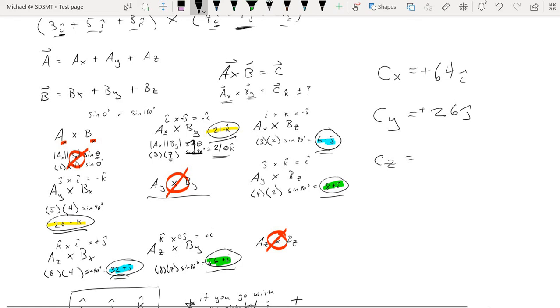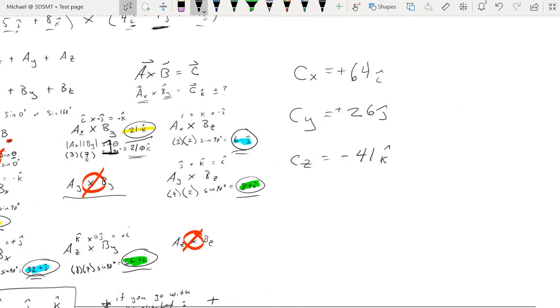Negative 21 and a negative 20 makes for a negative 41. And so there's vector c. Vector c has components of 64 I hat plus 26 j hat minus 41 k hat.